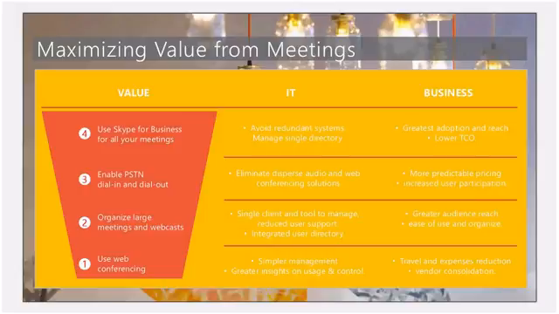So we're talking about maximising the value for meetings. We're looking at this from two perspectives. One is the IT perspective, and the other one is the business perspective. The IT perspective is all about manageability, eliminating multiple systems, eliminating multiple management systems, eliminating dual billing, etc. And the business side of these things is about how can we provide a good set of tools to the end user, how can we lower total cost of ownership, how can we encourage people to adopt these tools, to modernize the way that they conduct their business.